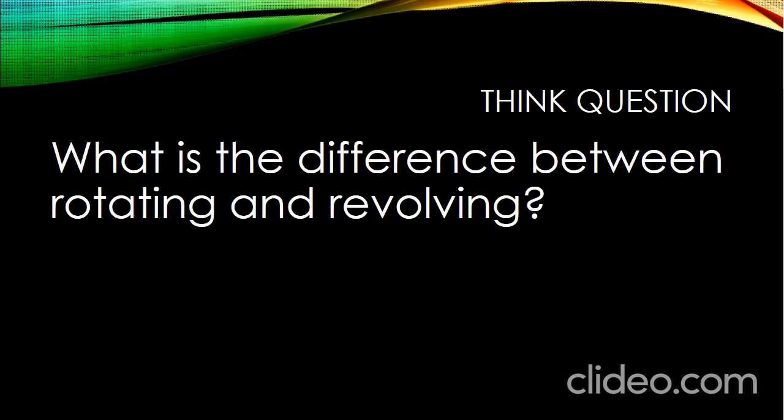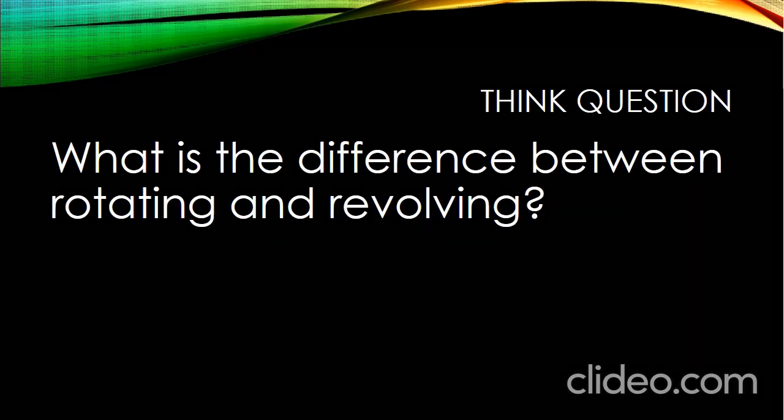The second scenario, I have a table in front of me and I keep moving round and round this table. Am I rotating or am I revolving? Think about it. At the end of the lesson, you should be able to answer this question.